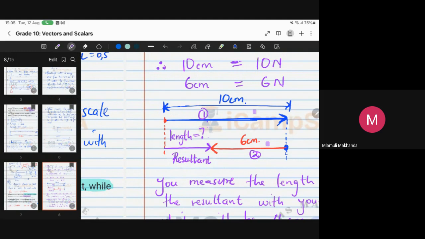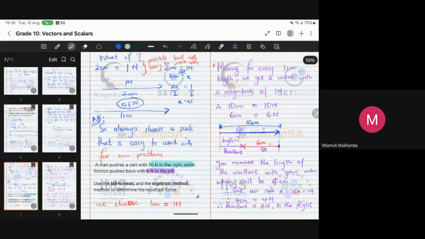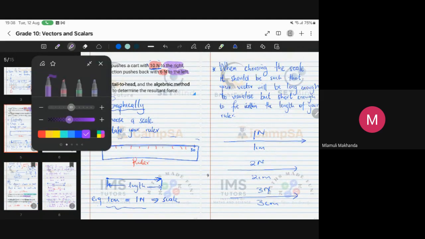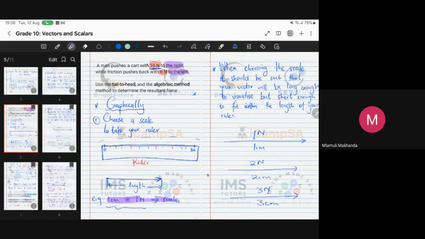So that's what I mean. And then we choose a scale. In this case, we chose 1 centimeter is 1 Newton. So that was our scale.